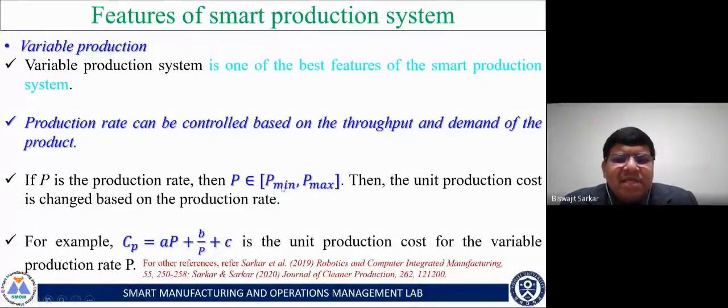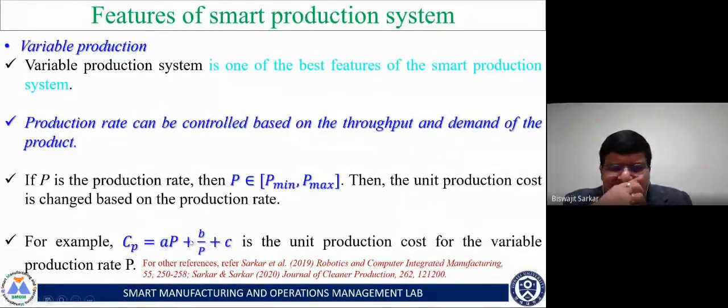So we generally say that Pmin is the lower limit of the production rate and Pmax is the maximum limit of the production rate, and within that the production rate can vary. Generally, for the production rate, we consider the unit production cost expression AP plus B by P plus C.